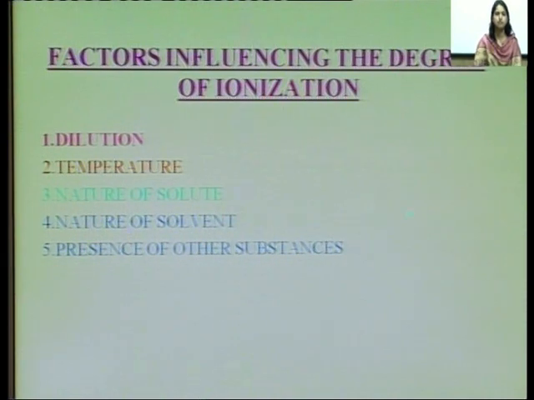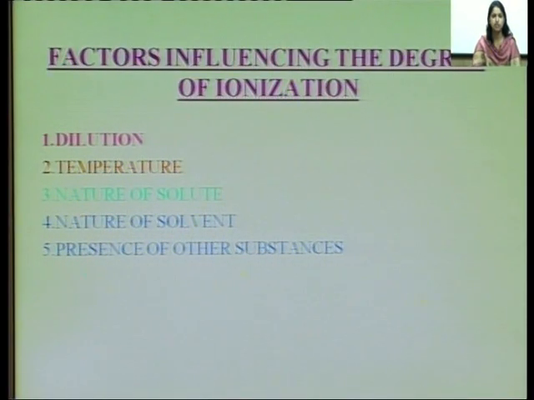The next, fifth point is the presence of other substances. The presence of other substances reduces the degree of ionization of an electrolyte. For example, the presence of ammonium chloride causes a decrease in the degree of ionization of ammonium hydroxide.